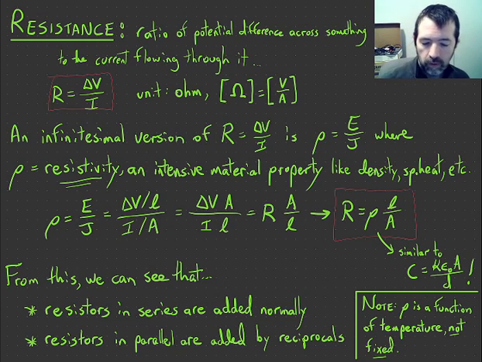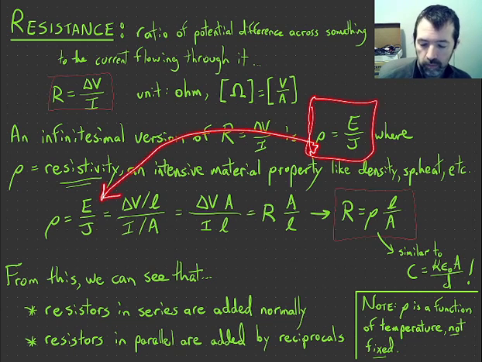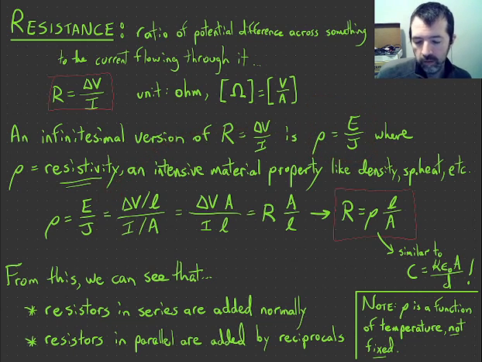So if we take this resistivity formula, this is basically the definition of resistivity, and I'm going to do a couple of steps of algebra with it here below. Electric field, I can write as delta V over L. That's a script L, a lowercase script L that represents the length of a wire or something, the length of an object.